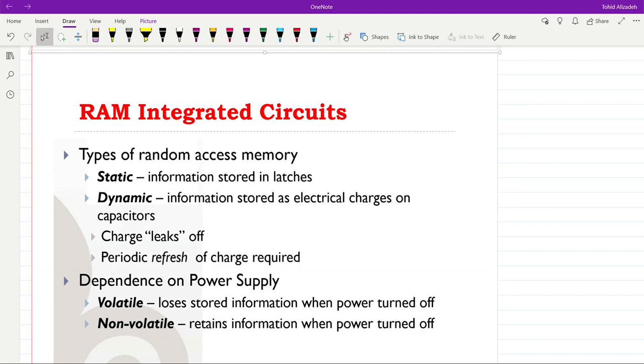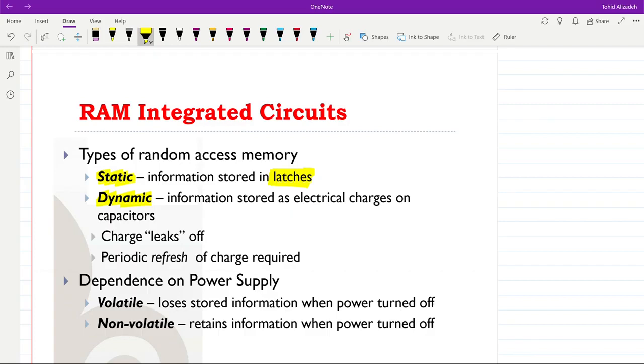Random access memory could be categorized into two main classes: static RAMs and dynamic RAMs. In the case of static RAM, the information is stored in latches, so it remains there as long as there's power provided for the latches.